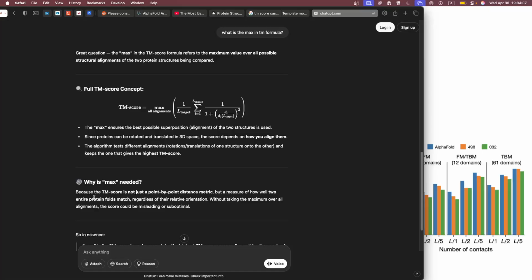Because I thought you were getting the 3D structure. Well, you're getting the 3D structure based on the information that you're outputting, which is the distance of each amino acid in relation to another amino acid, as well as the angles.